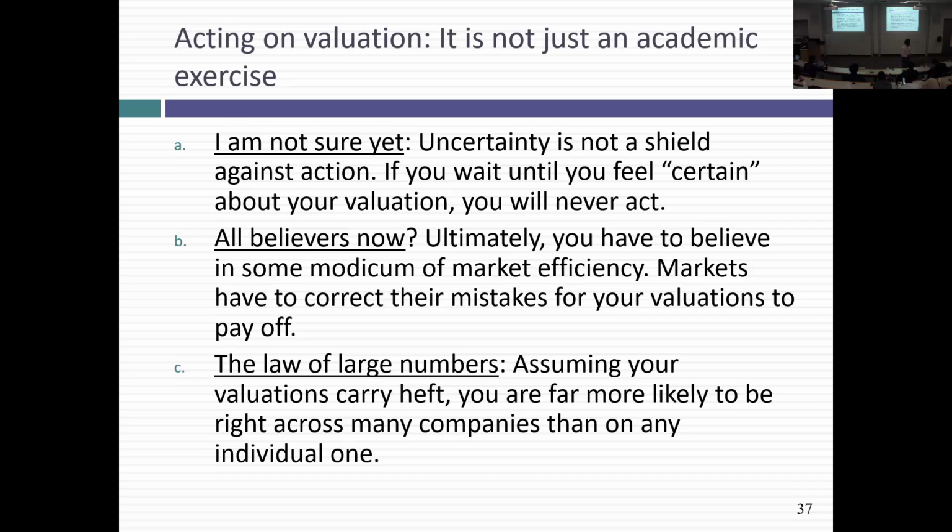And finally, let the law of large numbers work in your favor. The reason you feel reluctant to pull the trigger on the company you find undervalued is you have one company, which, as you saw, even if you do all your homework, you're going to be wrong. But let's say you do this on 10 companies, you value them, and you feel you're bringing something to each valuation.